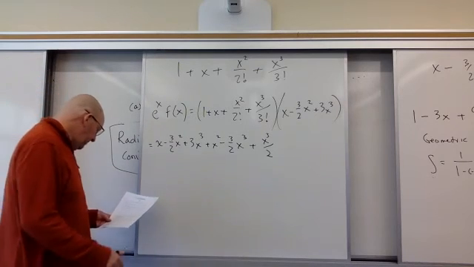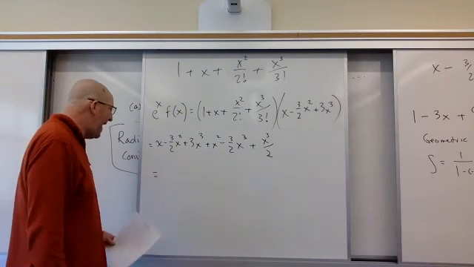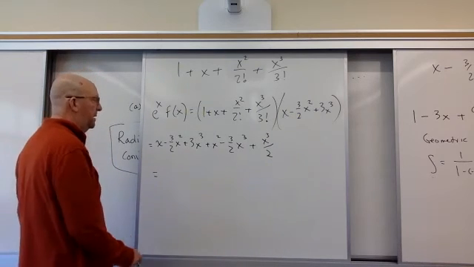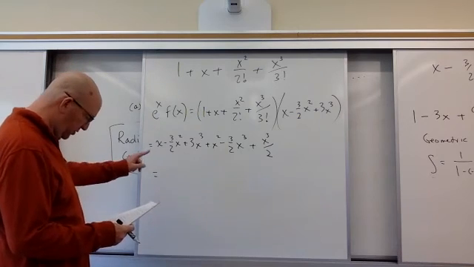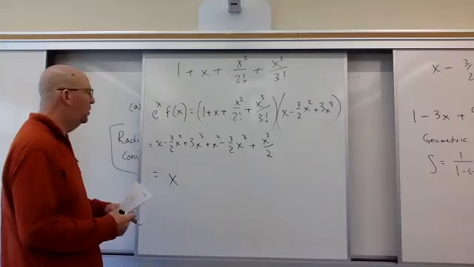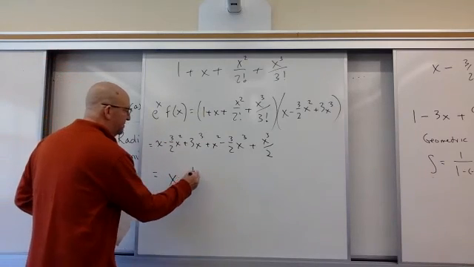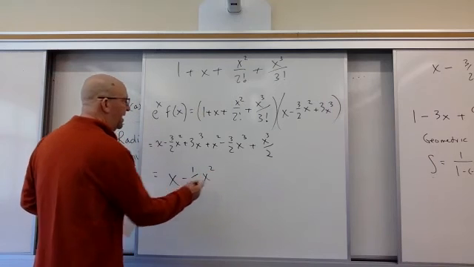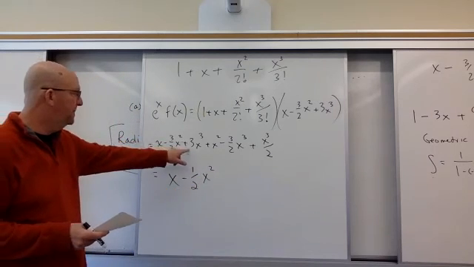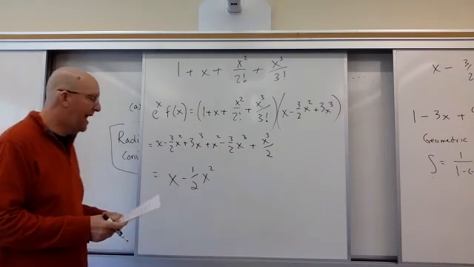So when all of this comes together, let's see if anything goes with the x's. No. Does anything go with the x squared? It's got negative 1.5 and 1. So that's minus a half x squared. How about the cubes? I got a 3 and I got a minus 1.5, so that's a 1.5. And then I got a half.